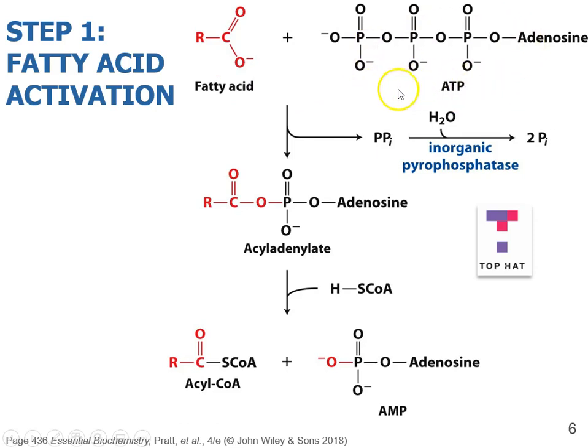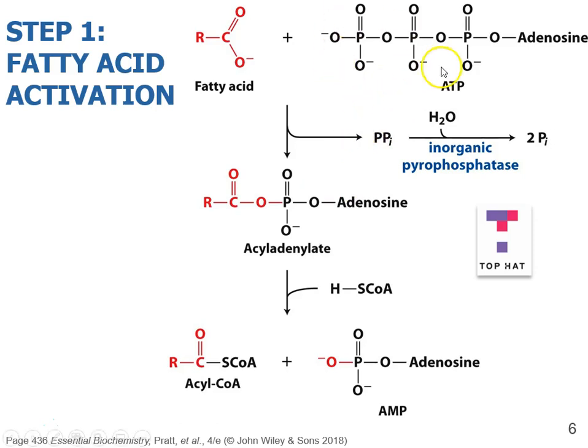So we'll need ATP, and ATP will go through an intermediate where we have an AMP attached to our fatty acid, but then that is hydrolyzed to give us an acyl-CoA. So we have coenzyme A, and now there's our fatty acid shown there in red. So we'll have a fatty acyl-CoA. It's going to cost us the hydrolysis of 2 phosphoanhydride bonds to do that.